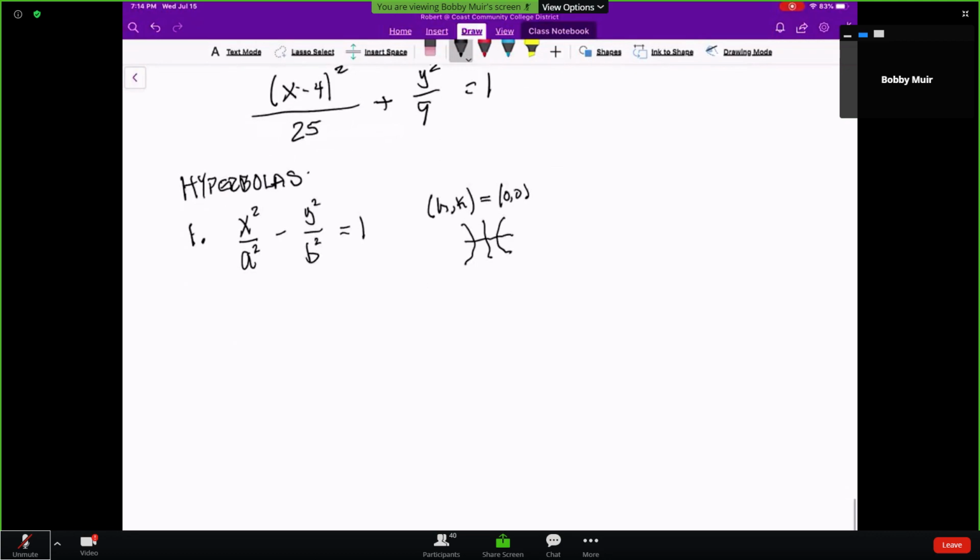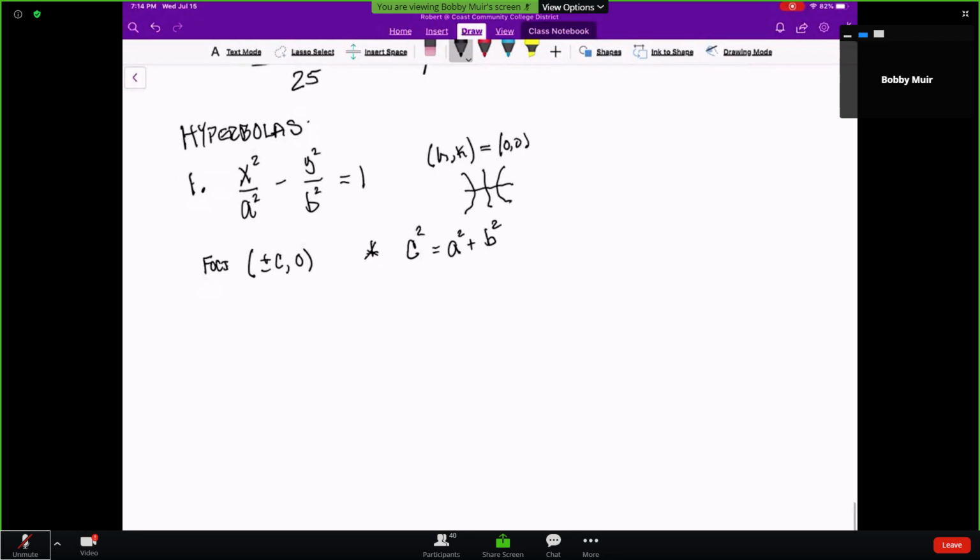Now, for a hyperbola, the foci we would have set up just as we did before at plus or minus c comma 0. And the working equation here is that c squared is equal to a squared plus b squared. So you see how it's slightly different?